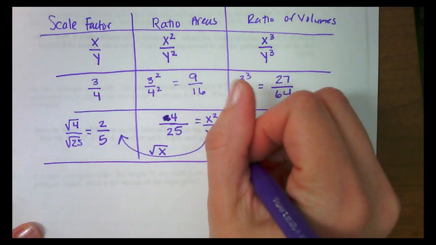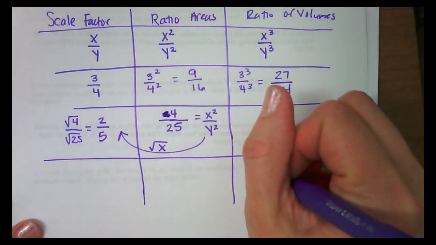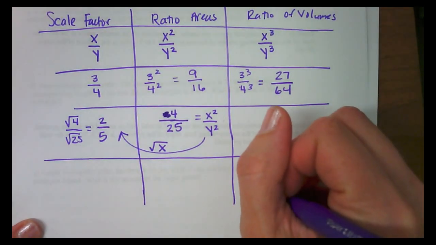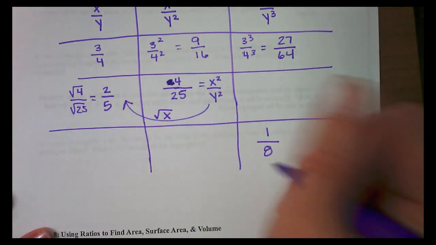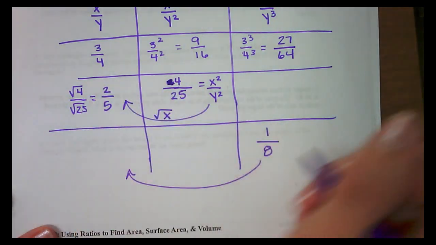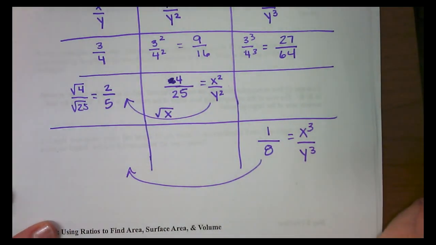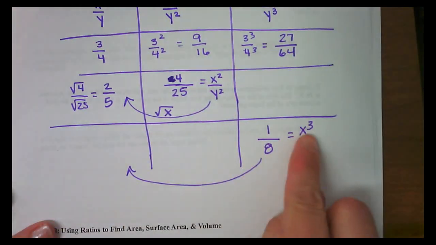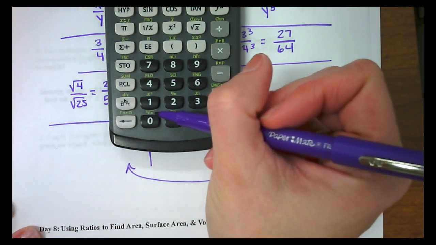Okay, if I was given volume and had to work backwards, so let's say I had 1 to 8. Okay, and if I have to go backwards to scale factor, this is x cubed over y cubed. To take a cubed root, if you look on your calculator above the 0, there's a cubed root button.